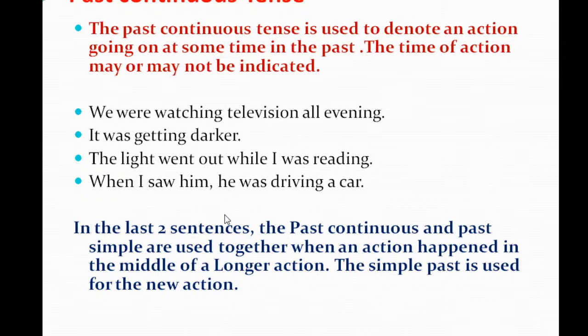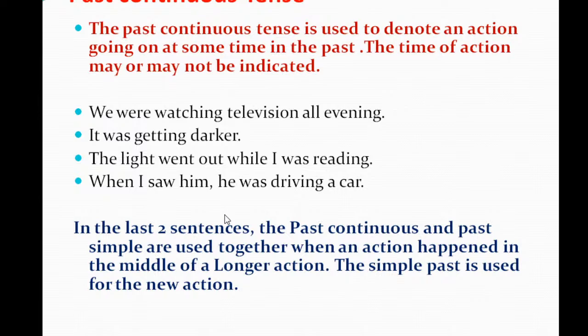We were watching television all evening. So हम लोग पूरा शाम टेलीविजन देख रहे थे. So देख रहे थे, we were watching, right? And it is explaining the sentence in such a way where it is giving an impression that the activity was going on throughout the evening.